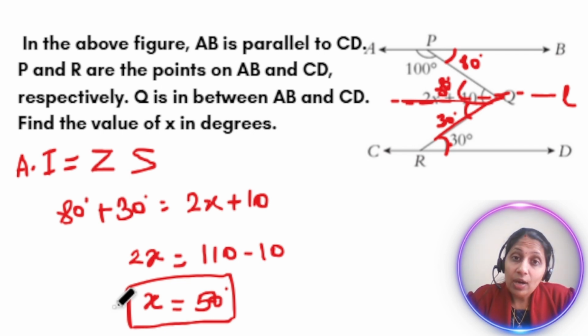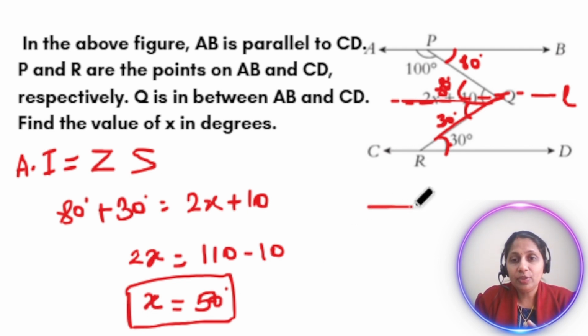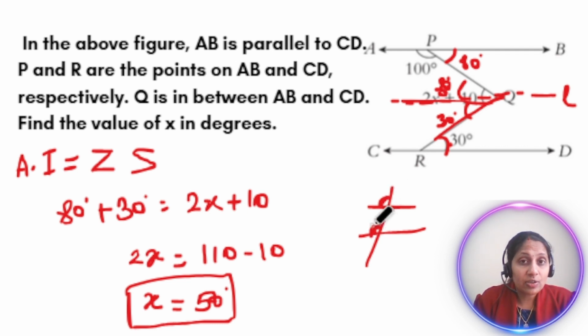And one thing you have to remember when it comes to parallel lines is the three types of angles. First, as I already told you, alternate interior angles, which are equal. The next one is the corresponding angles, which are again equal. Say for example, if two lines are cut by the transversal, the corresponding angles, this and this, which lie on the same side of the transversal and on the same side of our parallel line, they are equal.